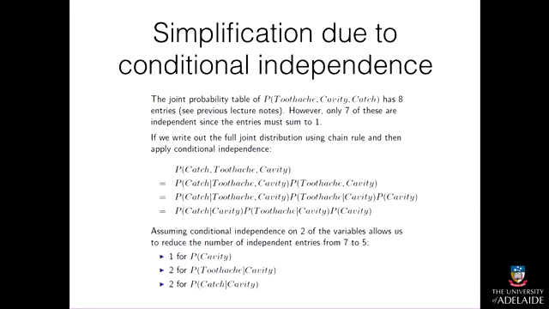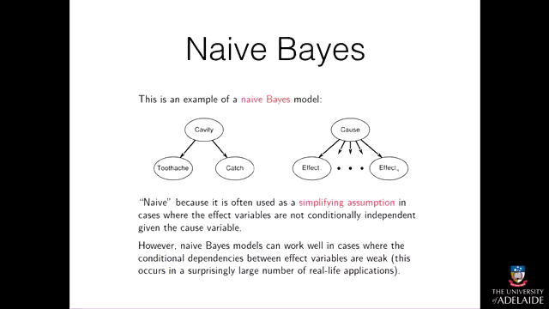And if we check the number of entries we need to specify the joint probability, we will find the number becomes smaller. It's reduced from 7 to 5. This is called a naive Bayes model.